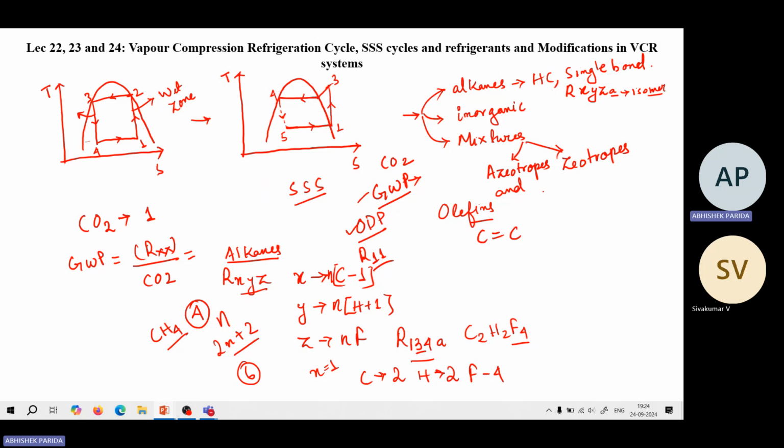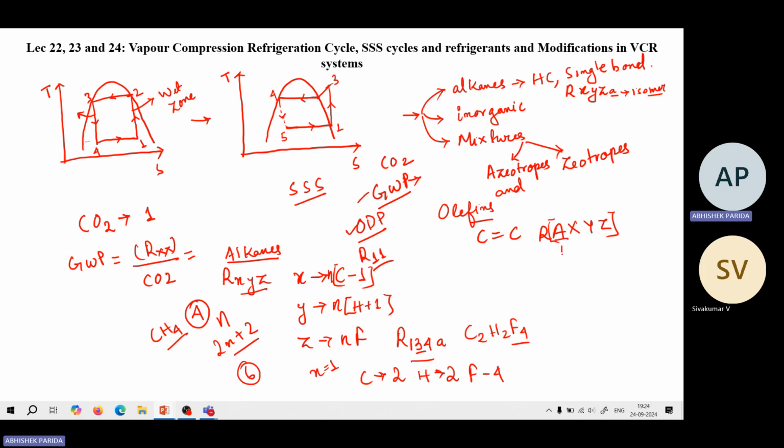Okay. Now the other variation is the olefin. In the case of olefins, the nomenclature has an additional number, RAXYZ. You can find 4 digits in there.